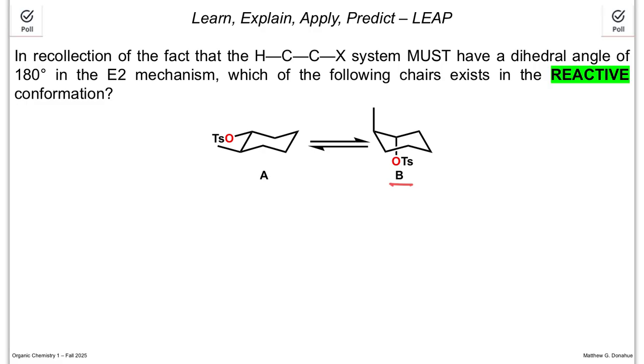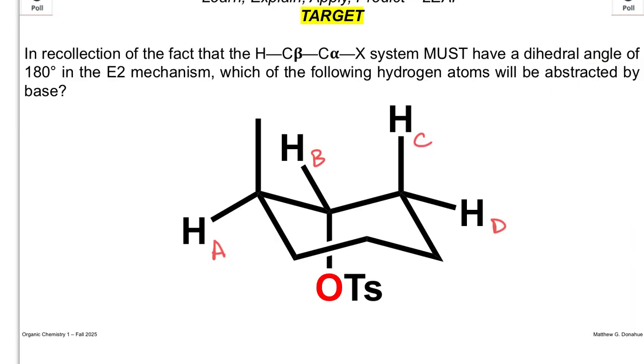The conformer A does not meet the requirements for an elimination. So which one of these hydrogens has the correct dihedral angle to the tosyl group for an elimination?